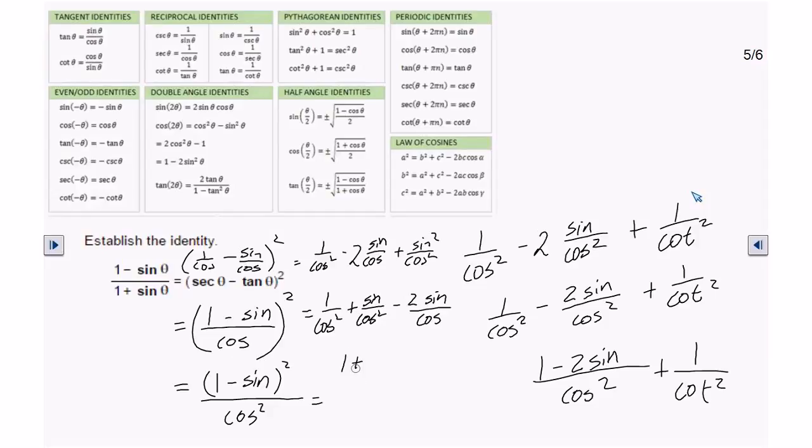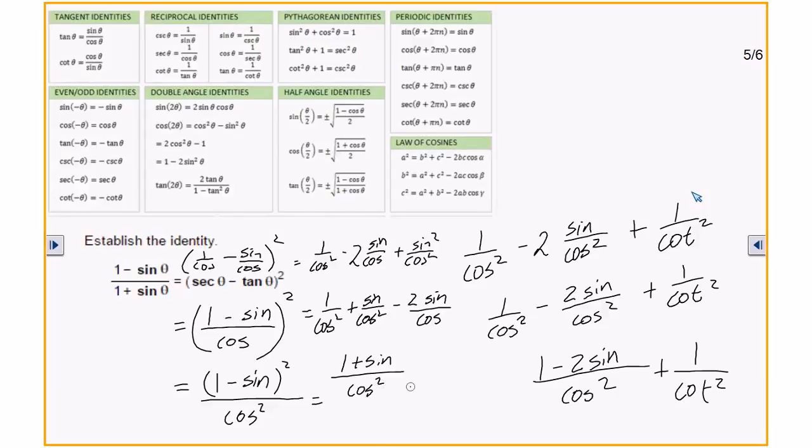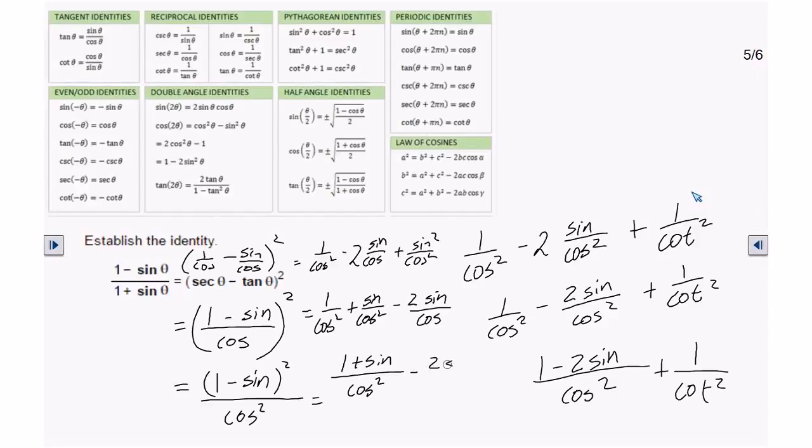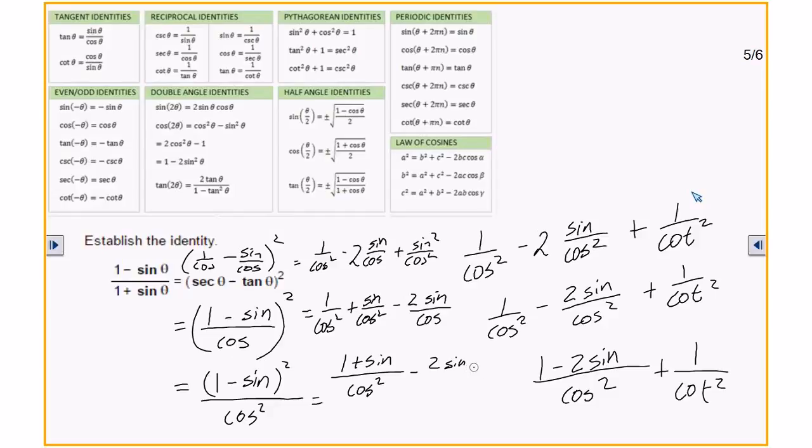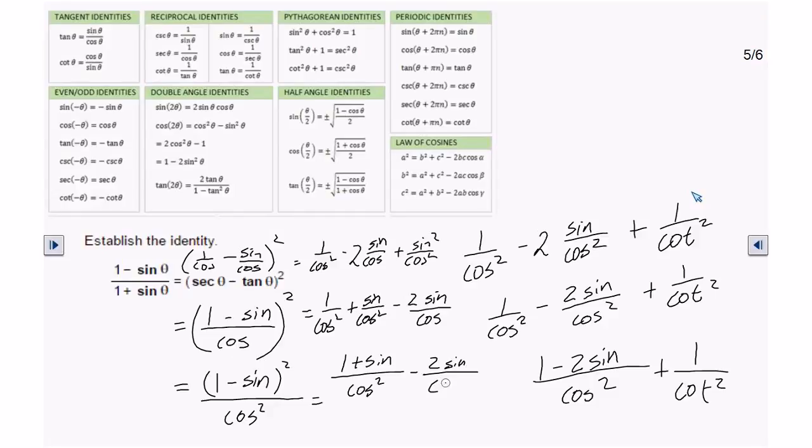1 plus sine over cosine squared, which is 1 minus sine. Okay, hold on. Let me finish doing what I'm doing. 2 sine. Okay, now we can get a common denominator. Is that what you're talking about?